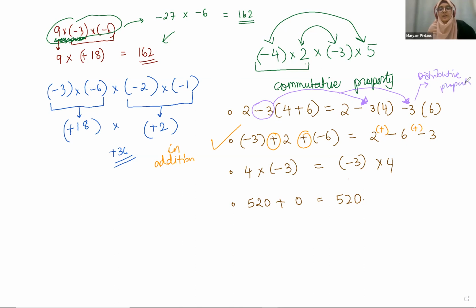Okay. Now you're right. The second one is commutative property, but it is a commutative property in addition because we are adding all of the integers. Can you tell me if there is any commutative property in multiplication over here? No, there isn't.